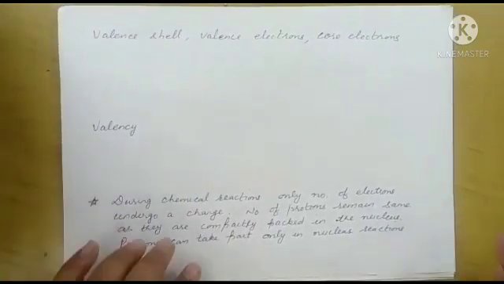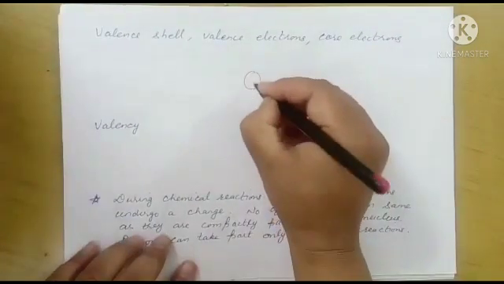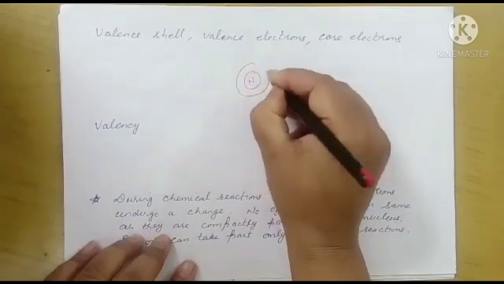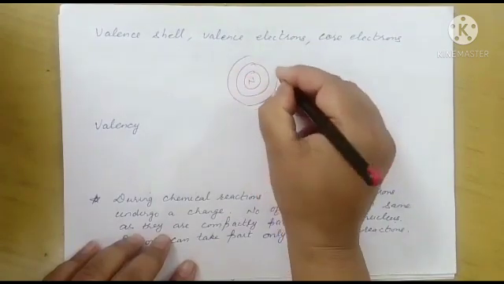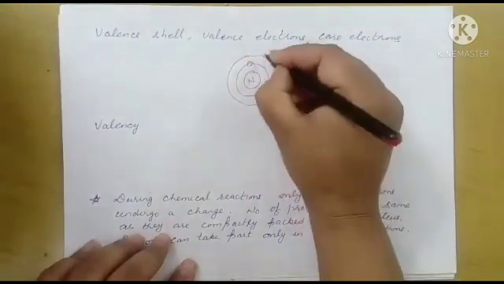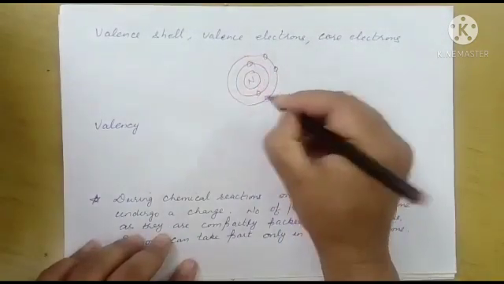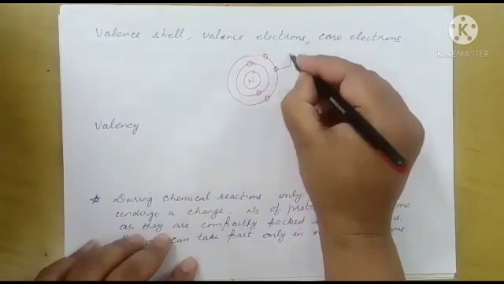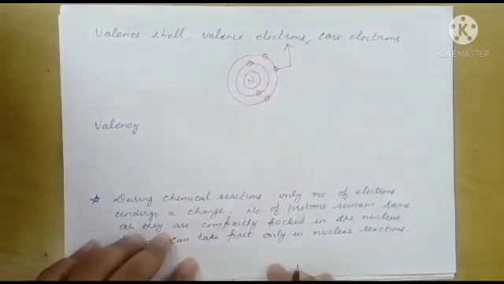Valence shell. The outermost shell is called the valence shell, and the electrons present in that outermost shell we call valence electrons.